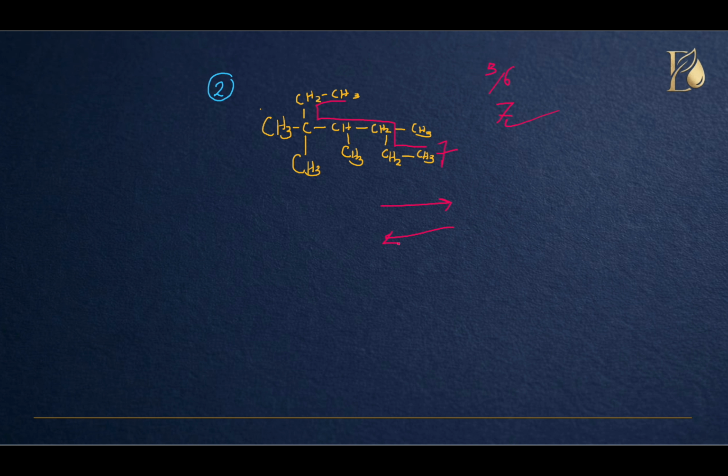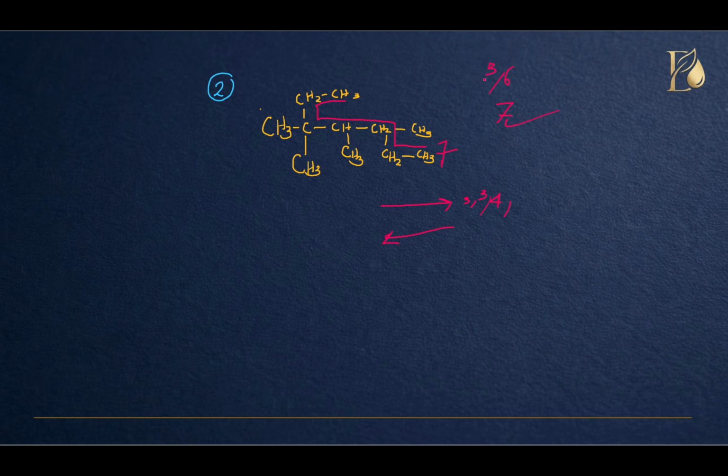So firstly, from left to right, we start from here. 1, 2, 3. At the 3rd position, there are 2 methyl groups. So 3, 3. What is the other substituent? This one, at the 1, 2, 3, 4th position. So 3, 3, then 4.